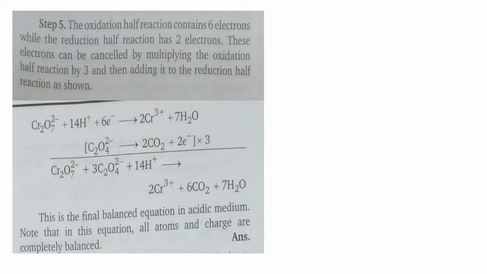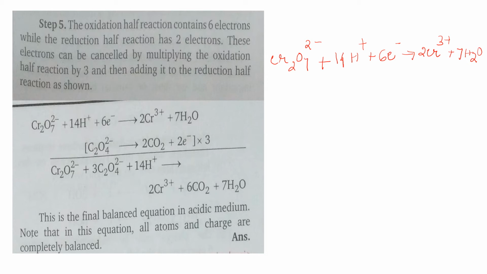Now I have to write both the oxidation half reaction and reduction half reaction here. My reduction half reaction is Cr2O7 2 minus plus 14H plus plus 6e minus giving you 2Cr3 plus plus 7H2O.